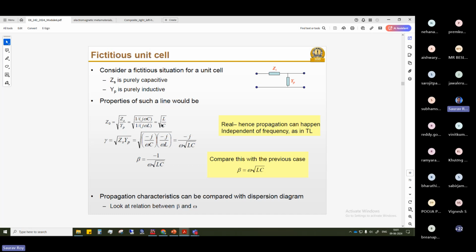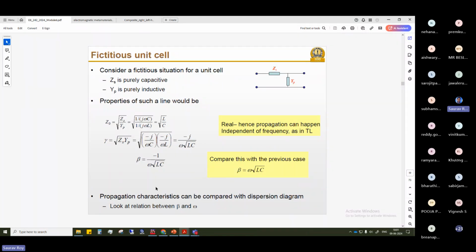Then if you put it in the equations for Z naught and gamma, what happens? Z naught remains the same, square root of L over C. That is real, so you can match and all these things. That's why power can propagate through it. But what is surprising is that gamma now becomes minus. There is a j term here and it is minus also. So beta becomes negative.